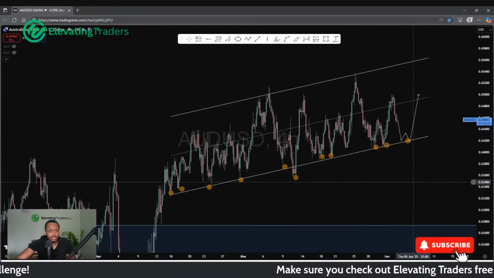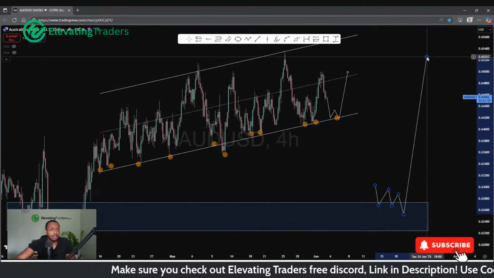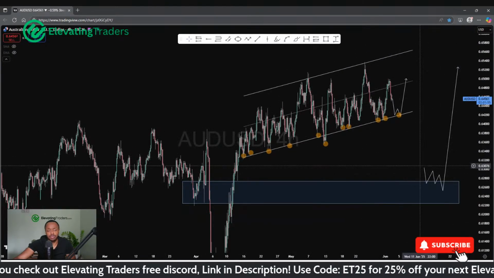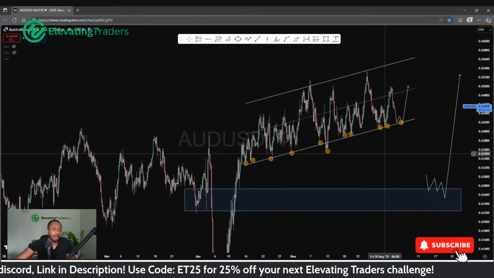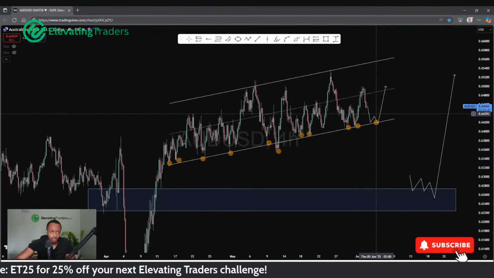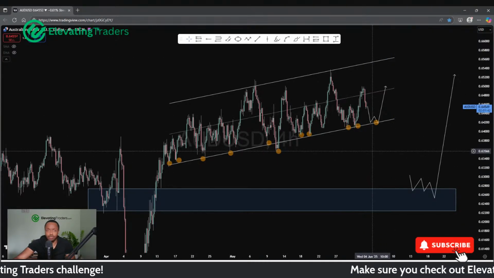Personally, I'm not so interested in that. I think this is the much better trade and probably gives me a lot more bang for my buck. I think in terms of the risk reward where I'm positioned, it should be a nice clean trade if that can actually materialize. But for now, we're still chugging away to the upside. So buys at the low of the channel make the most sense, and probably swing back into resistance there.